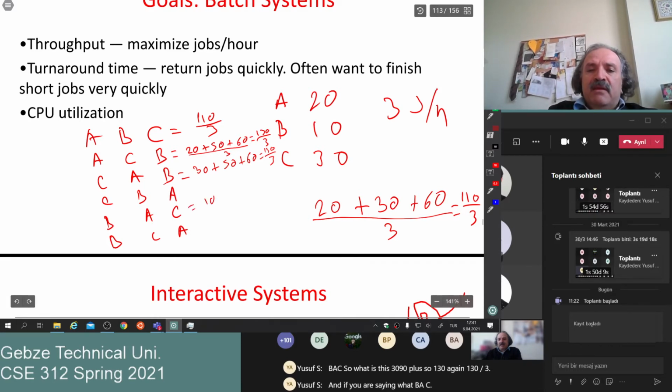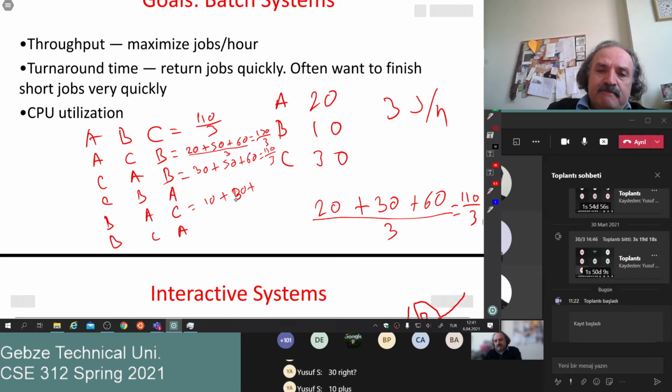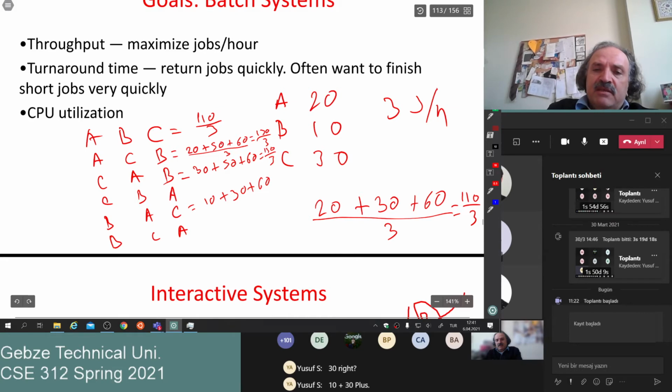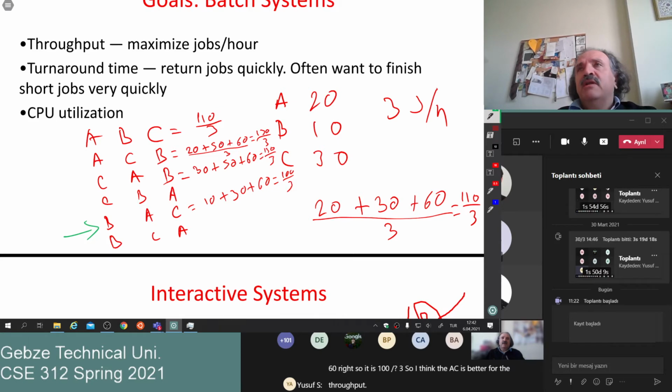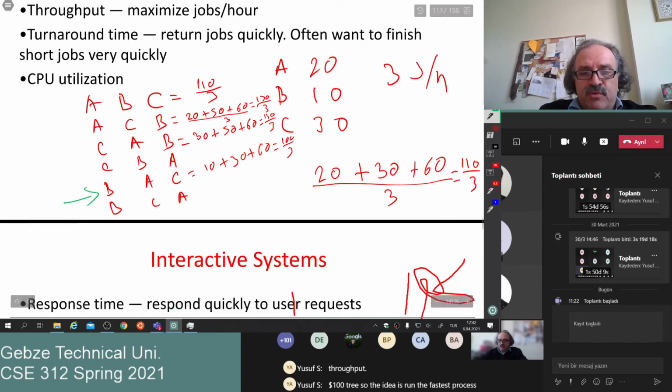Yes, BAC. 10 plus 30 plus 60, right? So it is 100 over 3. So I think BAC is better. 100 over 3. So the idea is to run the fastest process first.